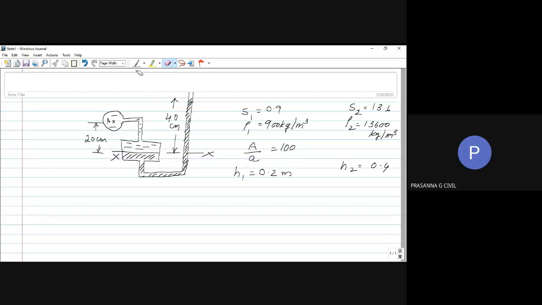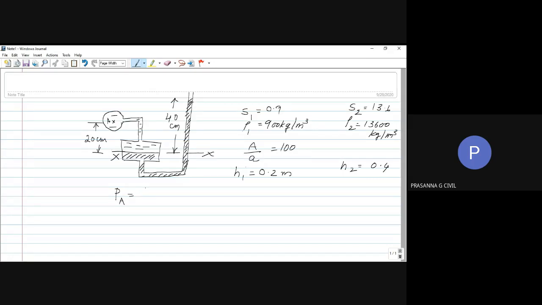Ma'am, there is no delta H given for this. That's why I'm saying, because they have not given how much is the drop, to include that A by a will become difficult here. So we can directly use the expression which we have arrived at in our derivation. Otherwise we'll have to do the derivation here once again, so it becomes a little more work.